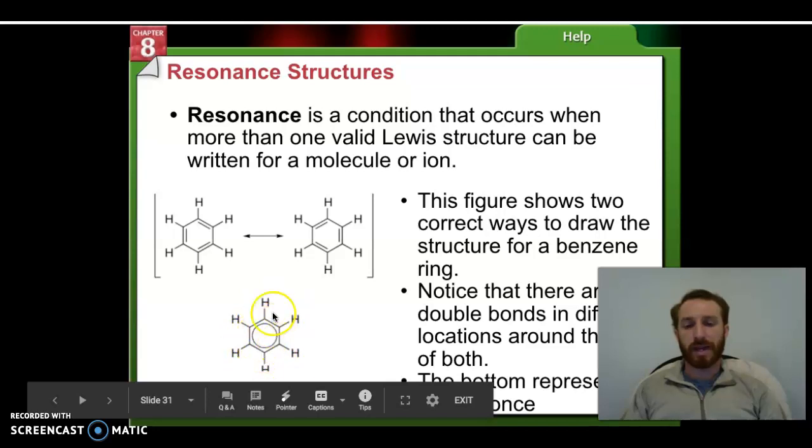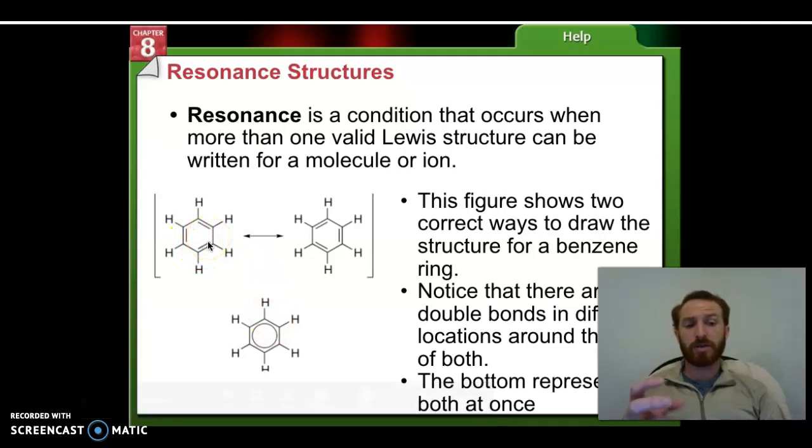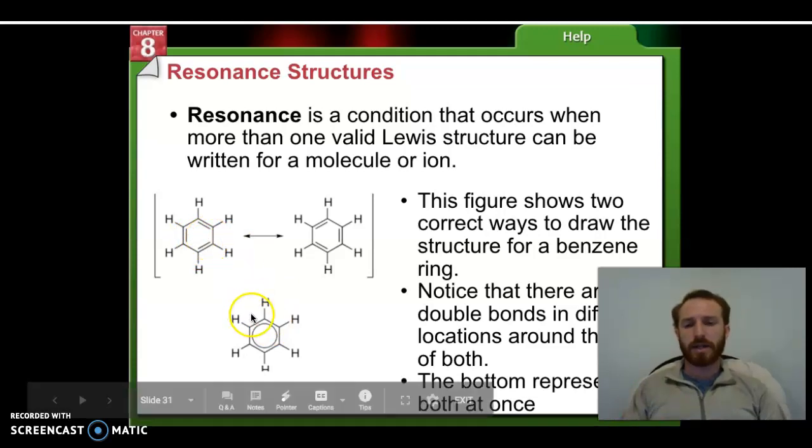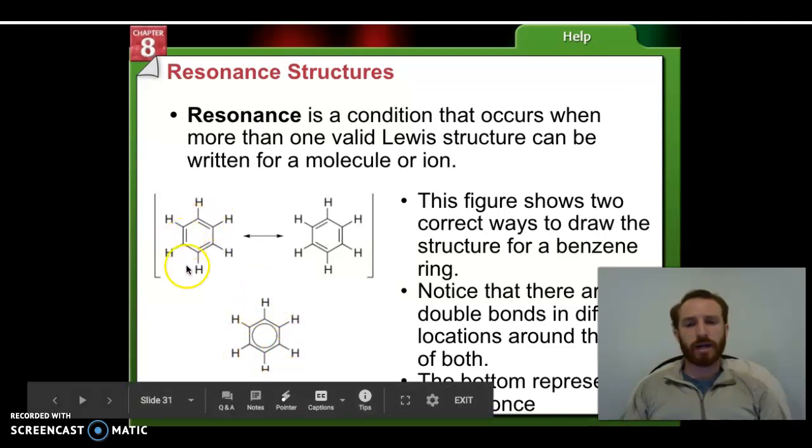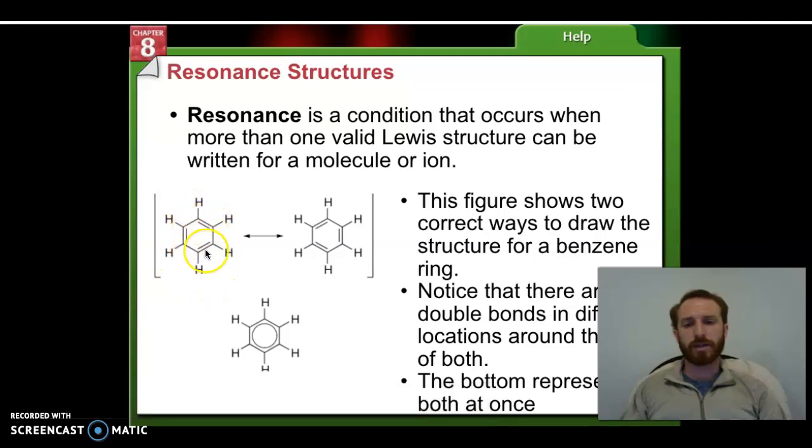It just wants to be happy, and so it almost all the time seems to be forming a double bond all the way around, because in nature it's all about being perfect and being happy, and it'll do whatever it can to be stable. But in reality, there are not enough electrons for a double bond all the way around. There's a double bond here, here, here, or here, here, here. So there are 2 forms of drawing this validly. That's basically what resonance is. There's more than one form of drawing a valid structural formula, a valid Lewis dot structure.